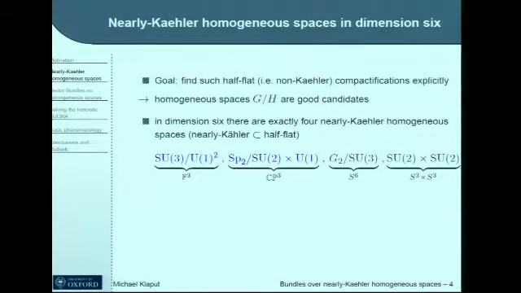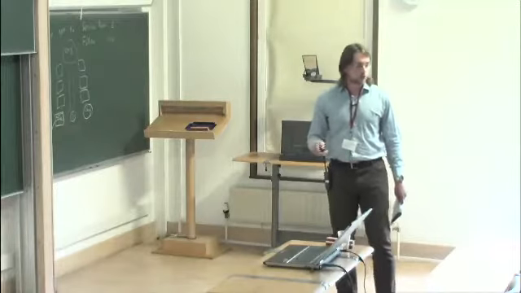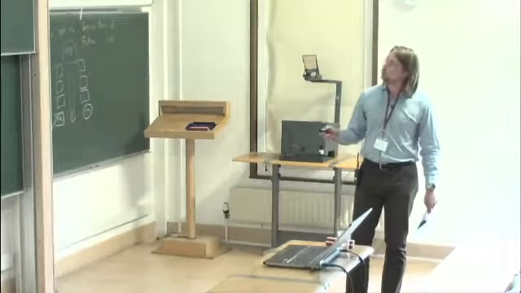However, for what I want to do, it's quite important to use these coset representations. The reason is that when you start doing calculations, all your differential calculations will turn out to be group theoretical calculations, and in everything you do, you want to respect this specific structure. Also, in the other coset representations, the natural structures you construct will not turn out to be nearly Kähler.